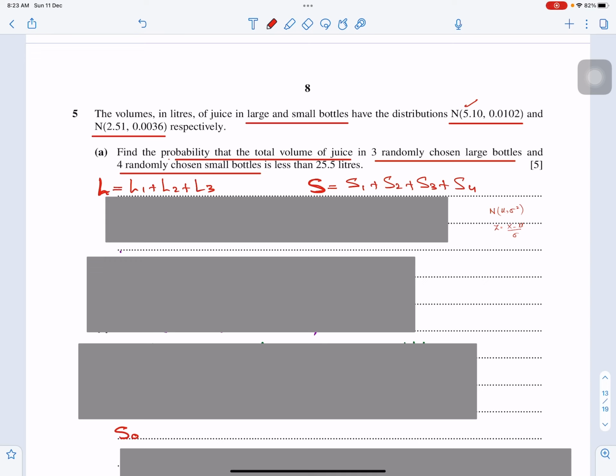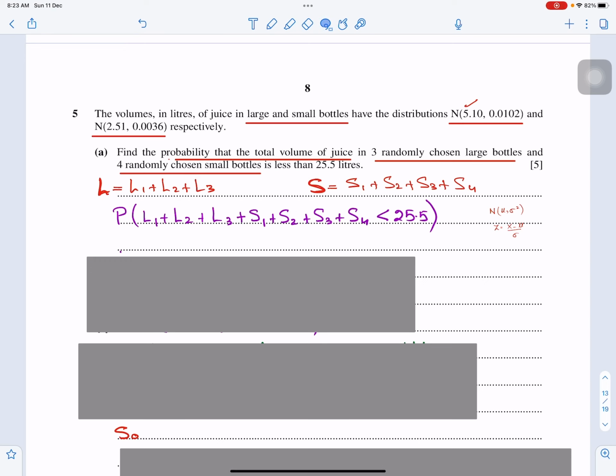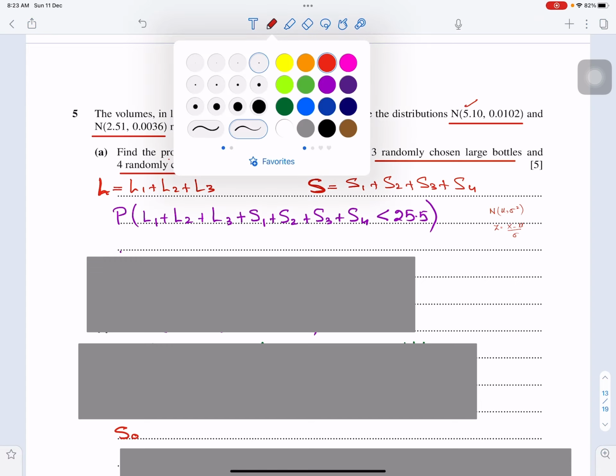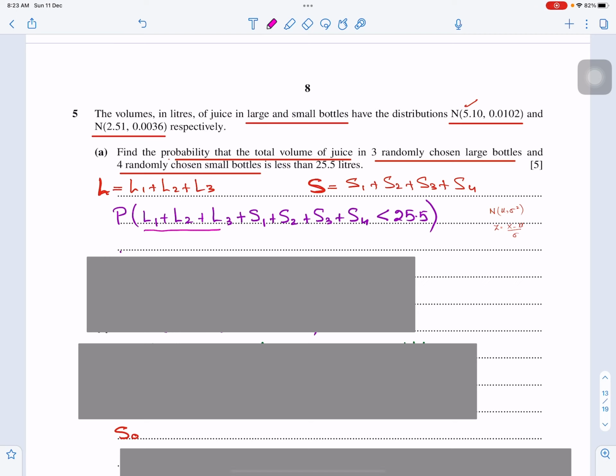So what we are doing here is finding the probability for 3 large bottles and 4 small bottles, and we are finding the probability that the sum of the juice in these bottles is less than 25.5 liters.